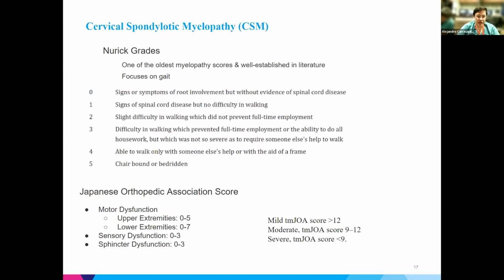The Japanese Orthopedic Association score is commonly used. It's more comprehensive. It brings into play motor dysfunction of the upper extremity and lower extremities, sensory dysfunction, as well as sphincter dysfunction.